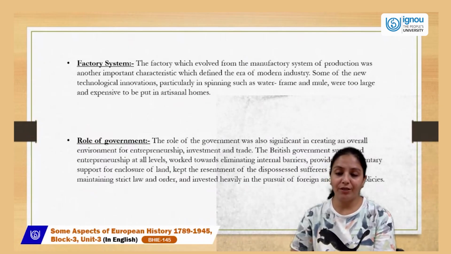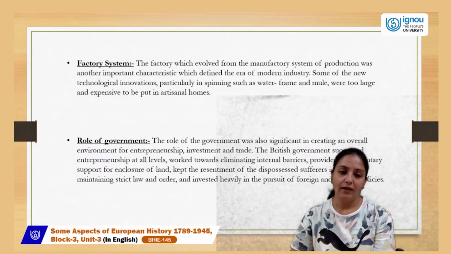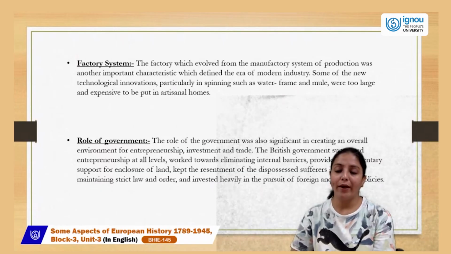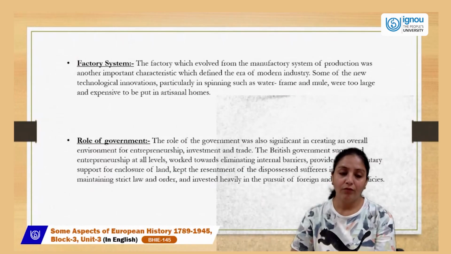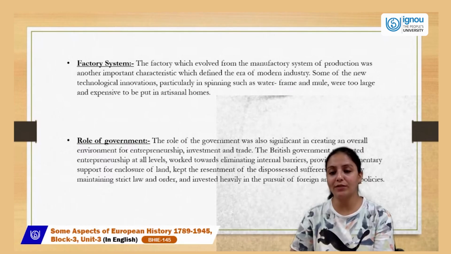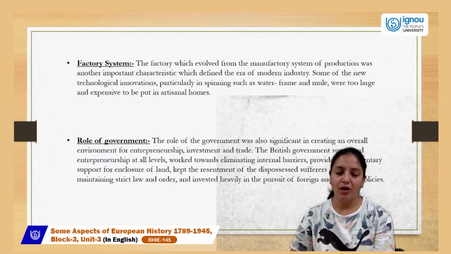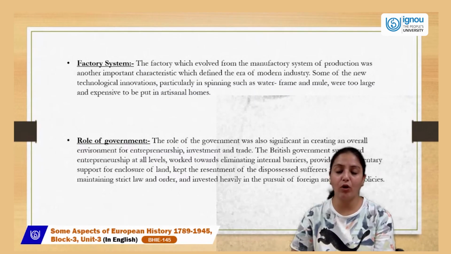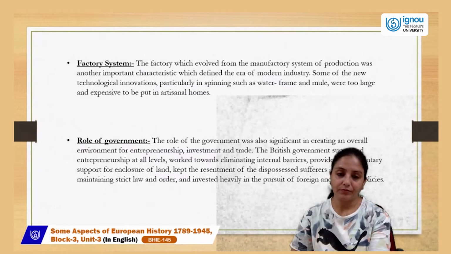The British government supported entrepreneurship at all levels, worked towards eliminating internal barriers, provided parliamentary support for enclosure of land, kept the resentment of the dispossessed sufferers in check by maintaining strict law and order, and invested heavily in the pursuit of foreign and military policies.